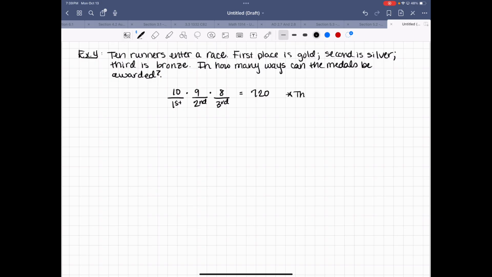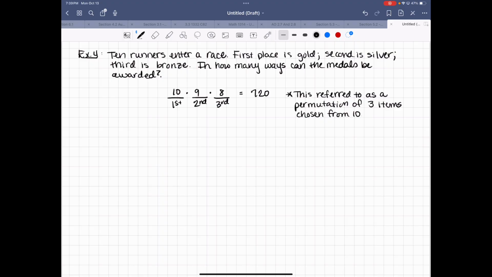This is referred to as a permutation of 3 items chosen from 10.